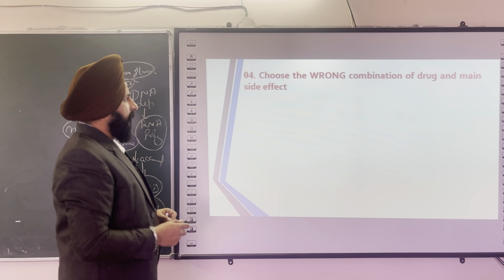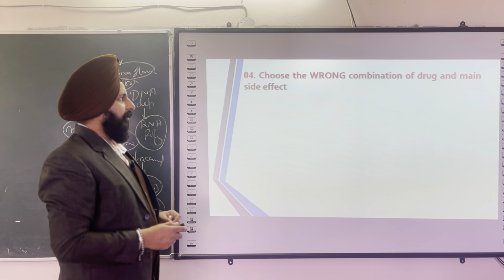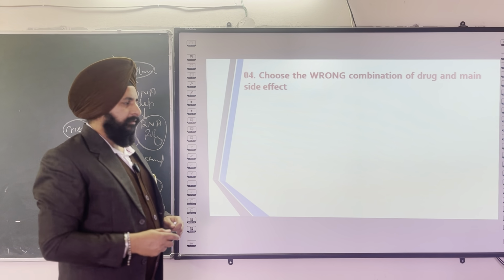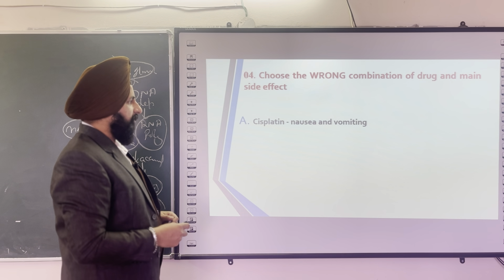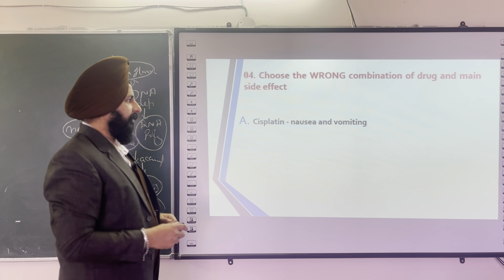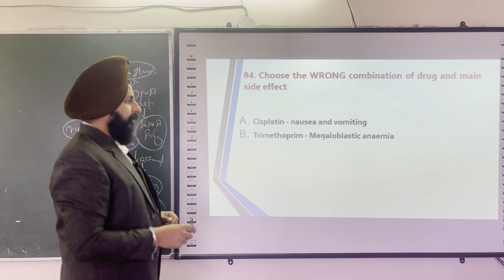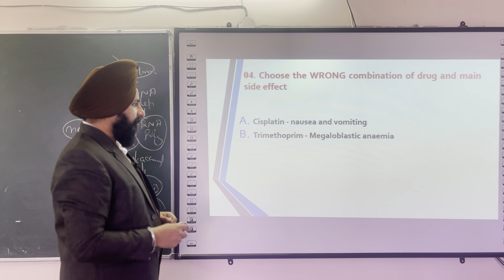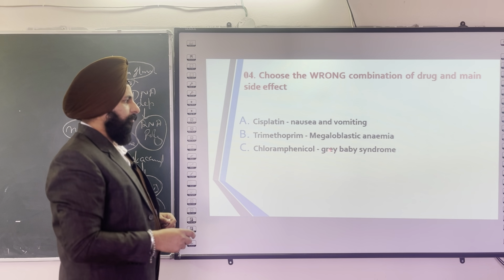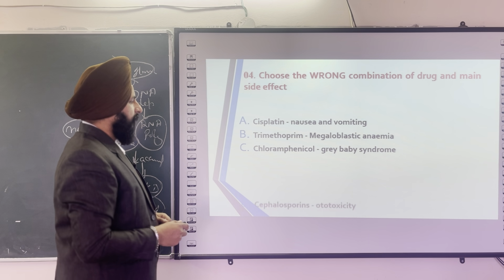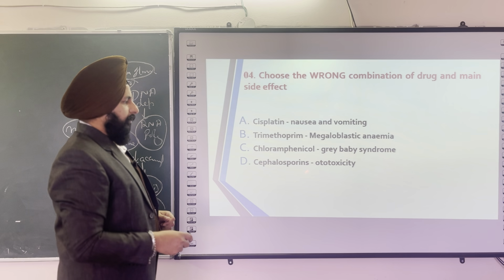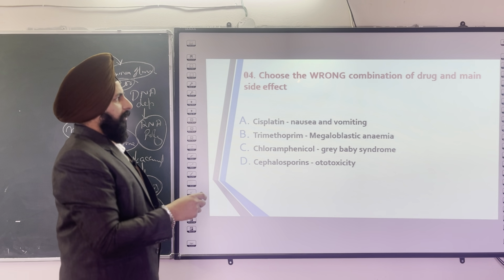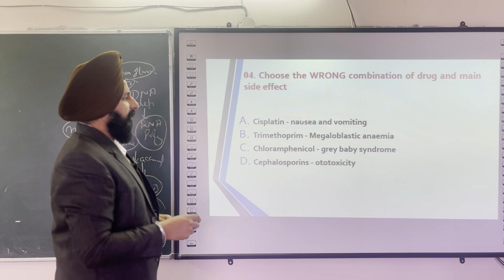The next question is: choose the wrong combination of drug and main side effect. The options are: cisplatin causes nausea and vomiting, trimethoprim causes megaloblastic anemia, chloramphenicol causes Gray baby syndrome, cephalosporin causes ototoxicity. You have to choose the wrong combination of drug and its side effect.